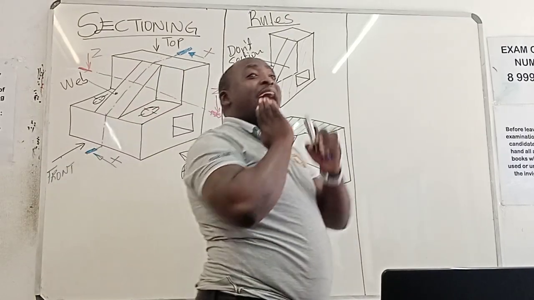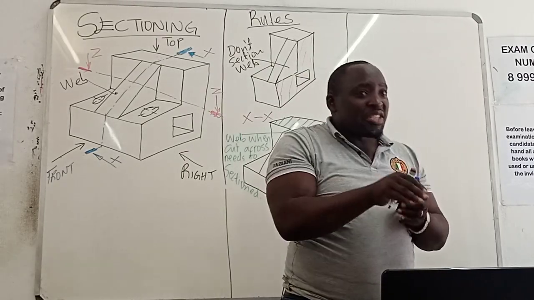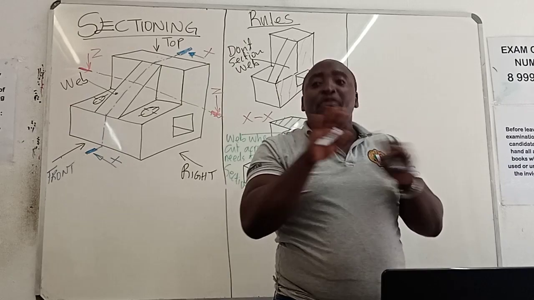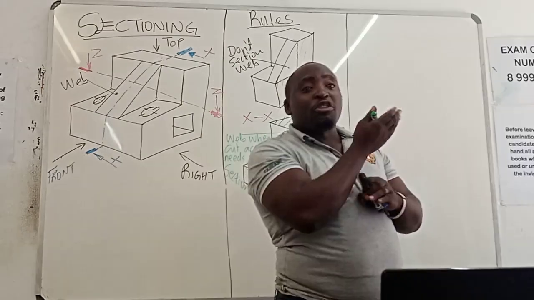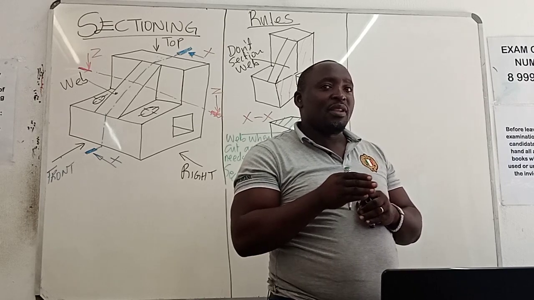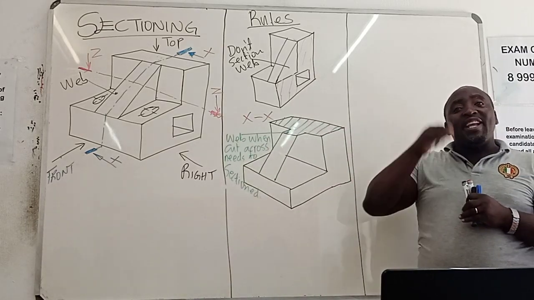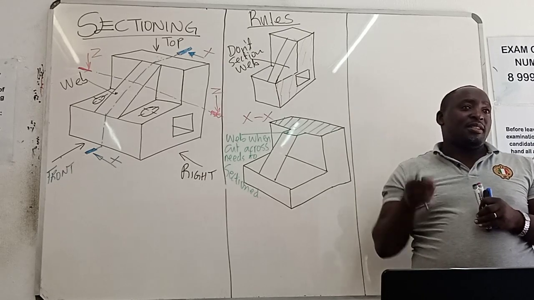Only when you cut in between the thickness, don't section. That is the only time you don't section. But if you cut it across to shorten its length, you section it.